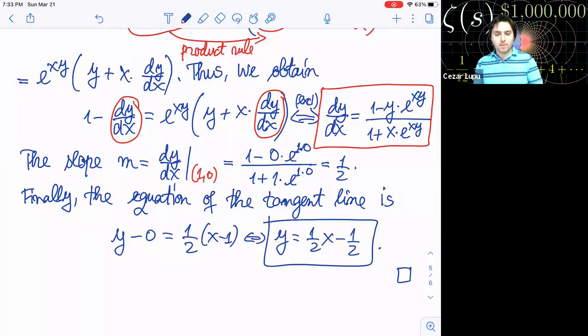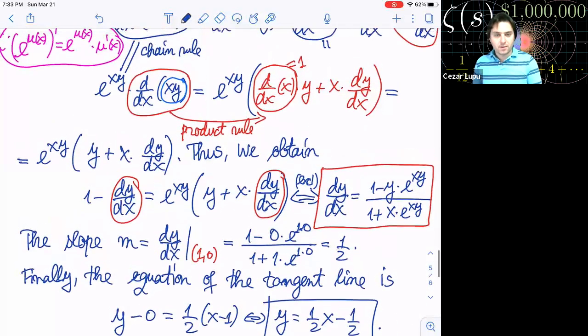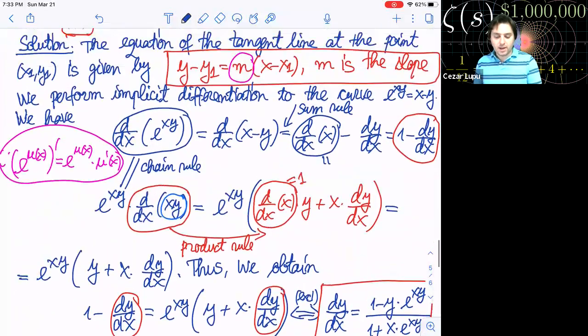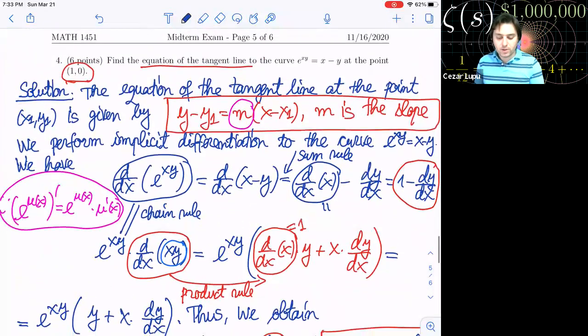And that's the end of the problem. You see, once again, you have to know the equation of the tangent line. Once you write the equation of the tangent line at the given point, you replace the given point: you know x1 and y1. The only thing missing in our picture is the slope m.